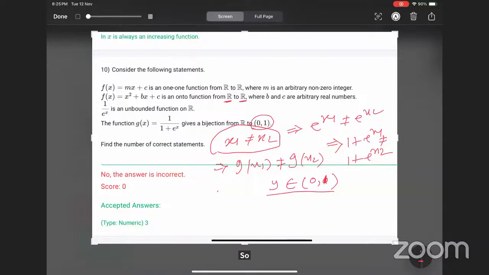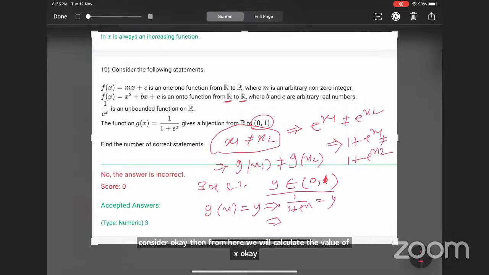Then I have to check whether for any y we can find the pre-image. So first we can just check that there is some x such that g of x equals y. Then from here we will calculate the value of x. So what will be the value of x?